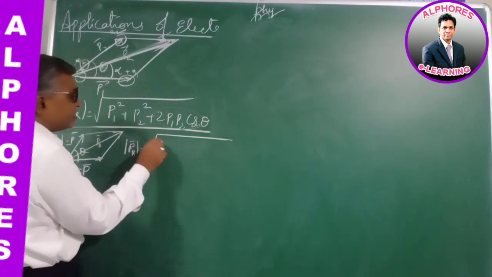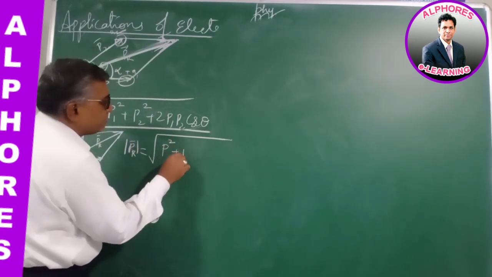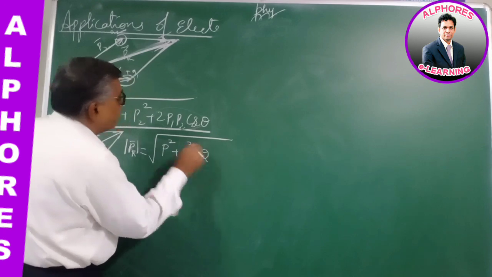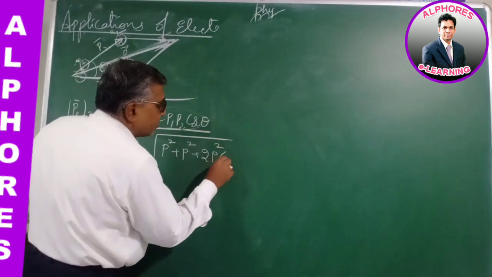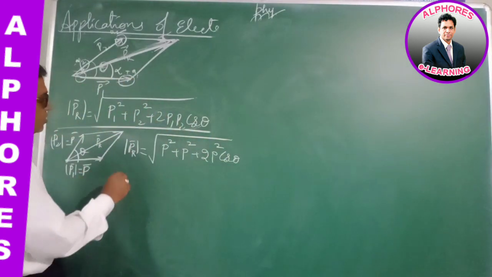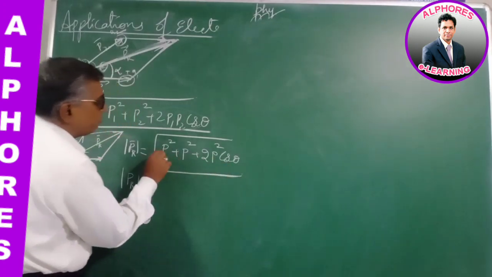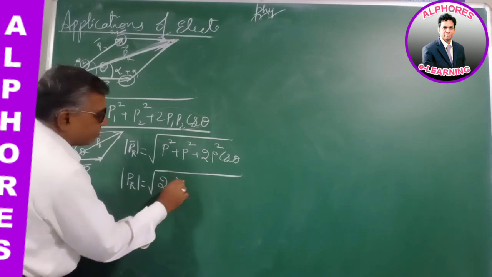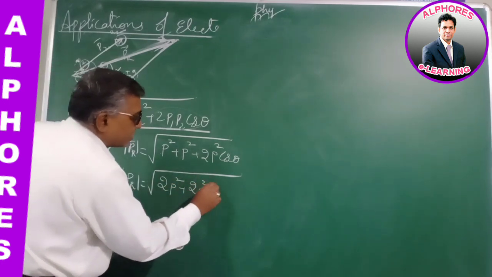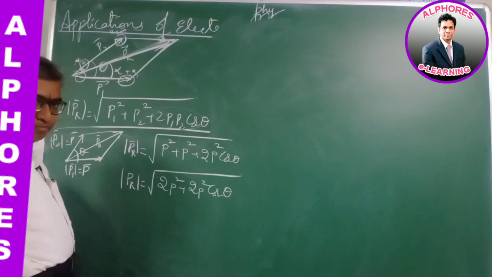So it's P square plus P square plus 2 P P cos theta. Therefore the resultant dipole moment magnitude will be root of 2P square plus 2P square cos theta.